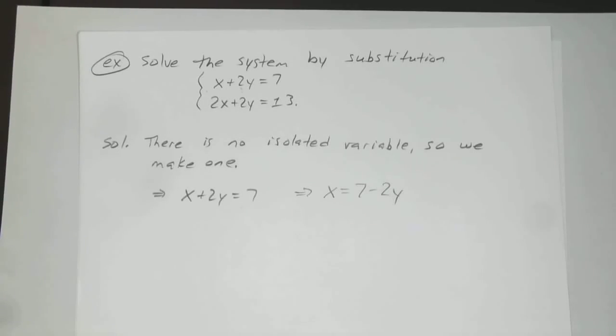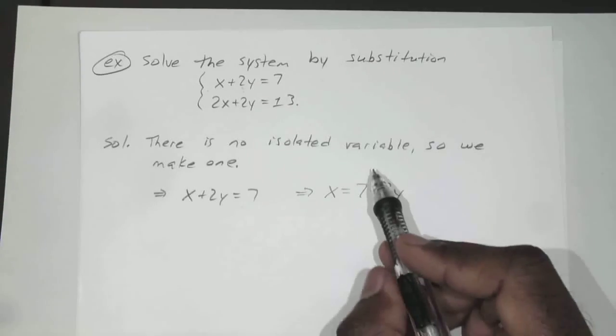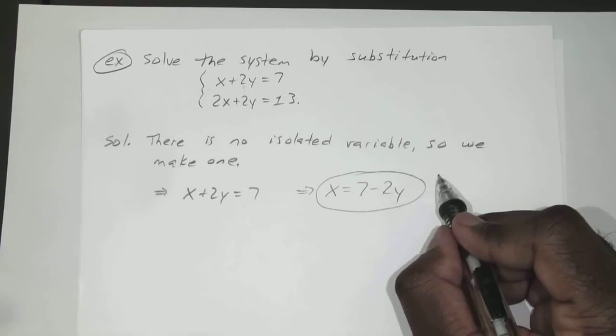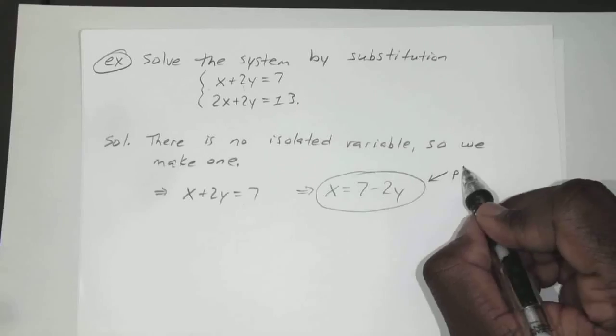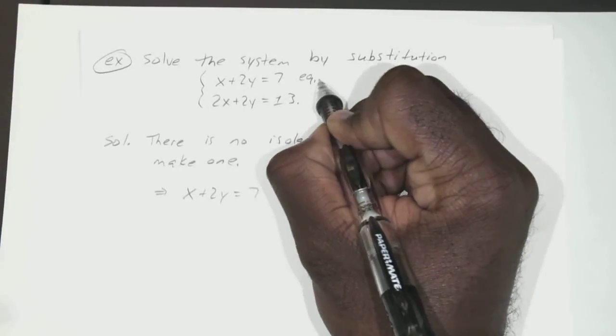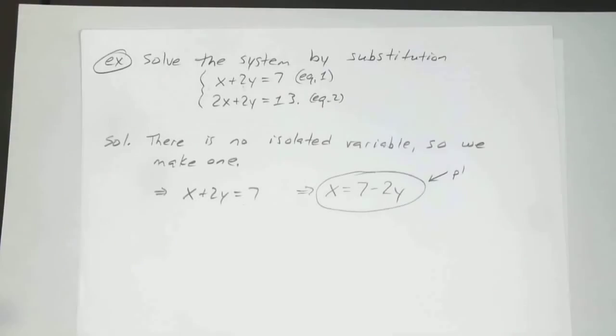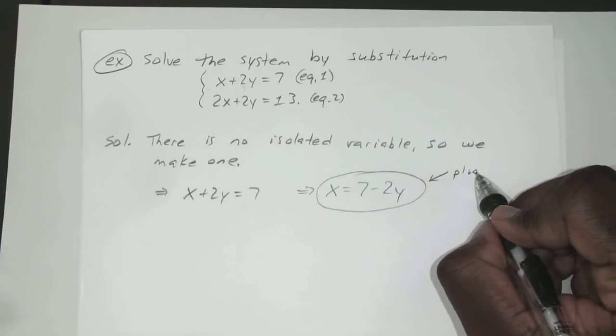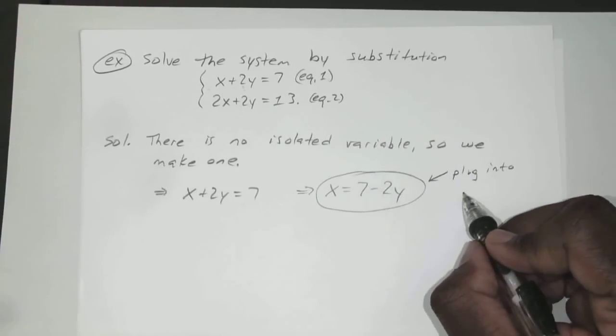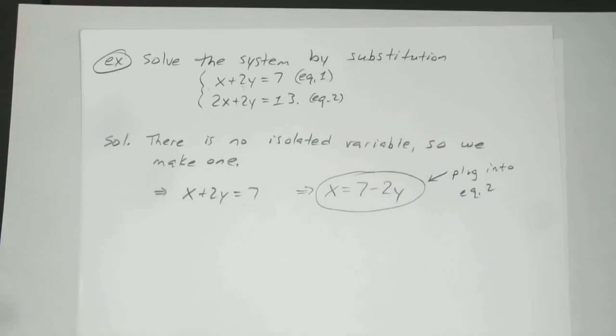Okay, so since we know x is equal to 7 minus 2y, this is equation 1, and this is equation 2. So we plug this into equation 2.